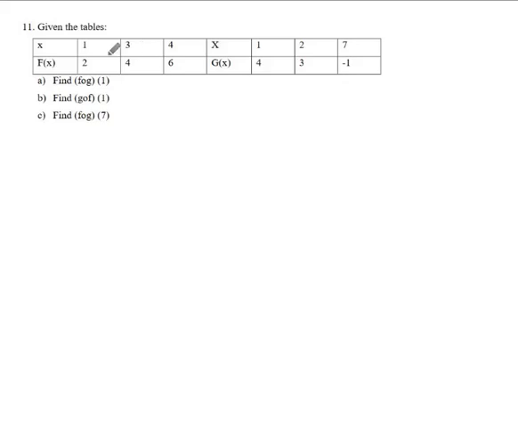Here is given the table, the values for x and f of x and the values for x and g of x and the corresponding values for them. For part A, we want to find the composition of f with respect to g of 1. So first thing we need to translate this.